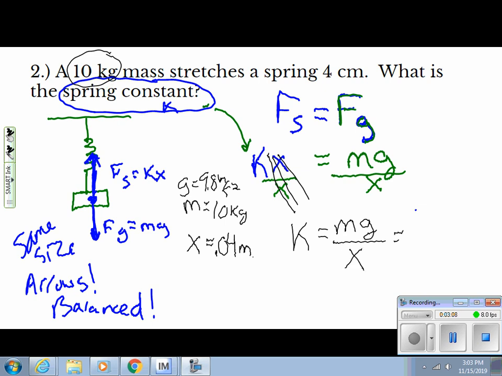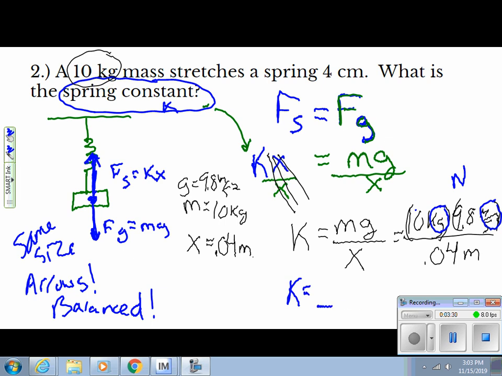I'm going to have mass, 10 kilograms, times my 9.8 meters per second squared, divided by 0.04 meters. You have to have meters. This here and this here make a Newton. And your final answer, K, will be blah Newton meters.